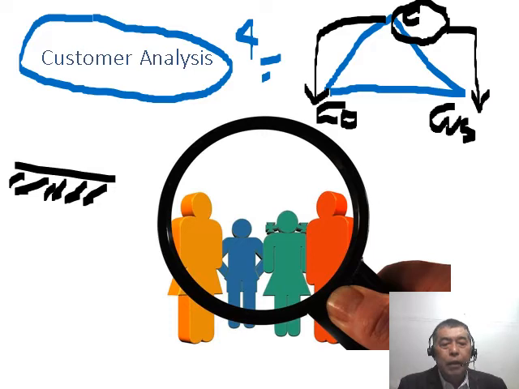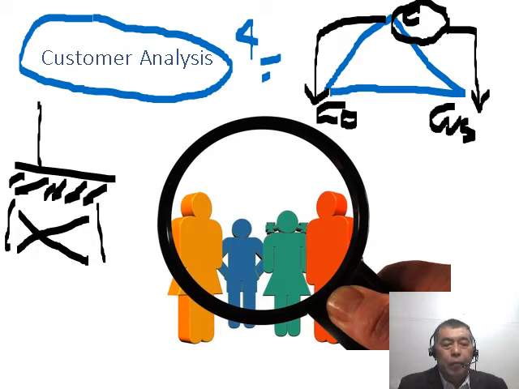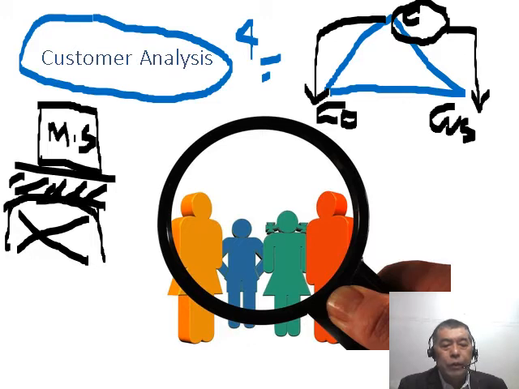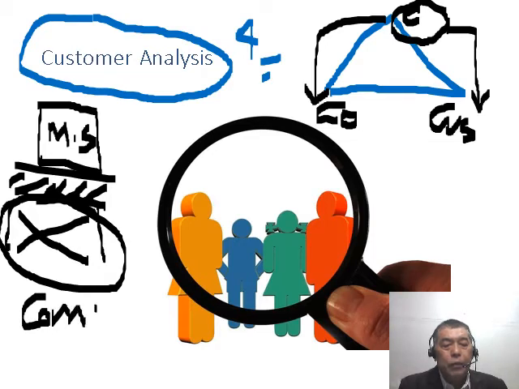Let's say there is a structural beam and your marketing strategy is sitting on this strong foundation. And this strong foundation is a combination of your competitor analysis and your customer analysis.